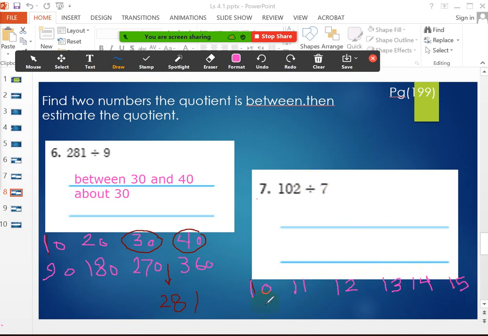7 multiply 10 equals 70. 7 multiply 11 equals 77. 7 multiply 12 equals 84. I think we did it before. Now 7 multiply 13. We did it also in the last exercise. 7 multiply 13 equals 91, right?